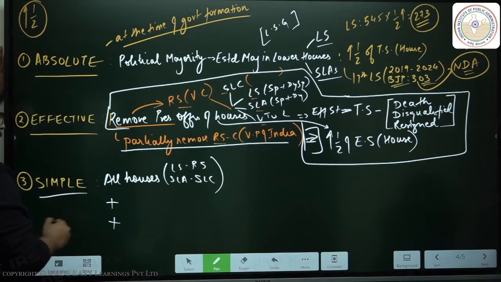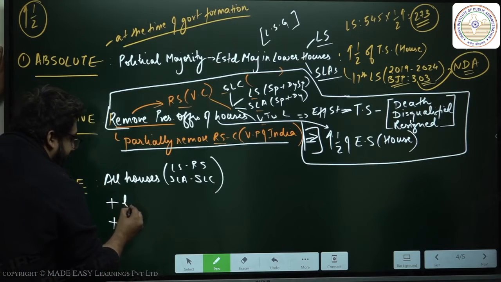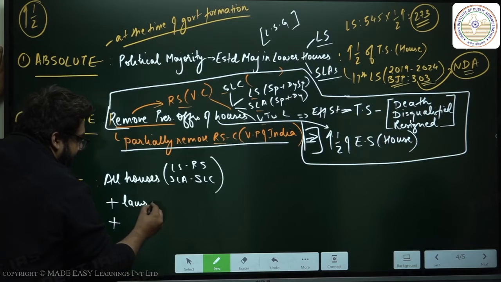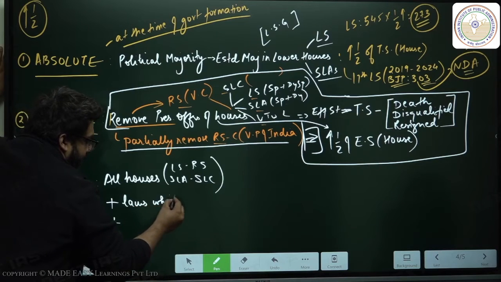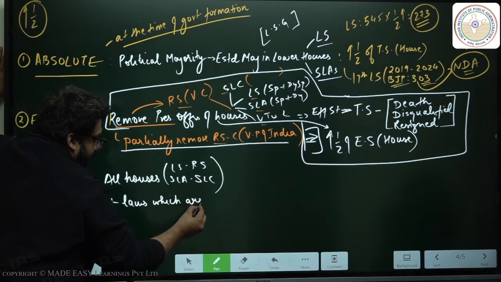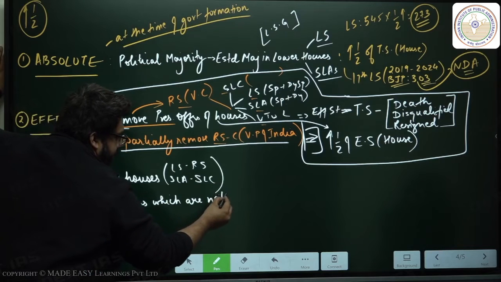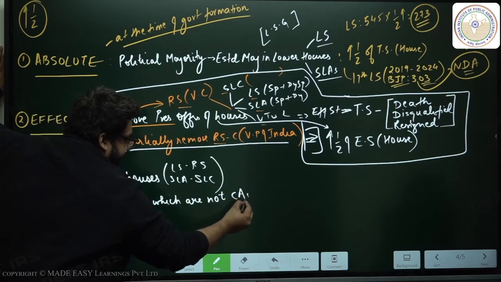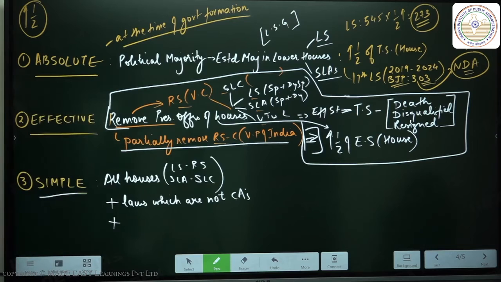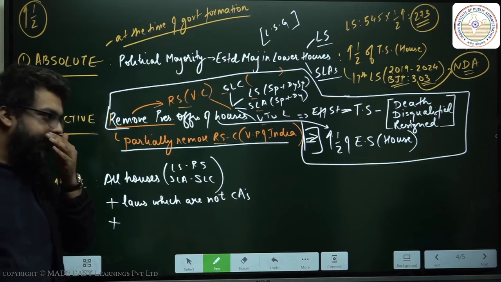First, they are used to pass laws which are not constitutional amendments. ठीक है, अगर वो कॉन्स्टिट्यूशनल अमेंडमेंट नहीं है तो वो सिंपल मेजॉरिटी से पास होगा.